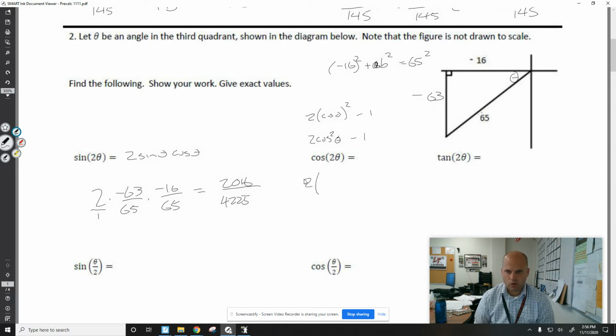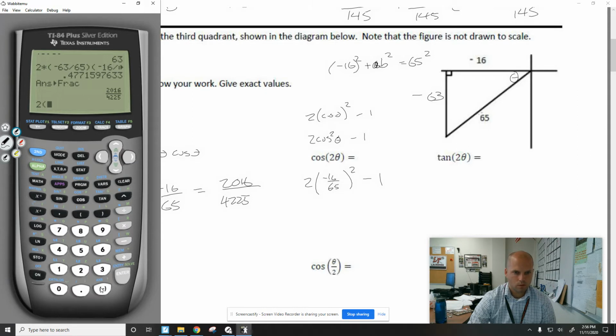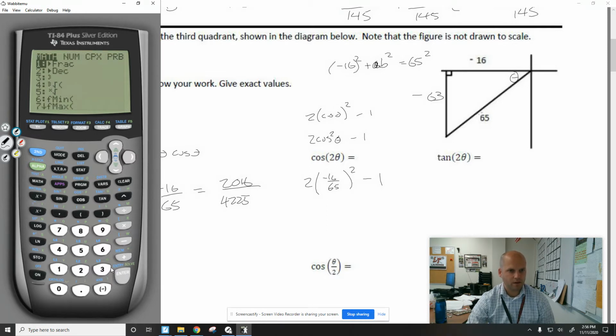So it's 2 times the cosine of my angle, adjacent over hypotenuse, negative 16 over 65, squared, minus 1. Type that into your calculator. 2, negative 16 over 65 squared minus 1. We're not messing around here.